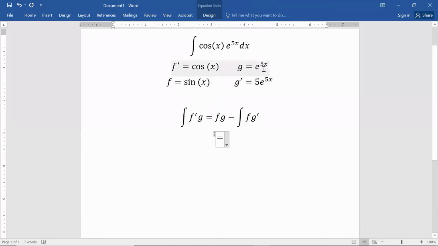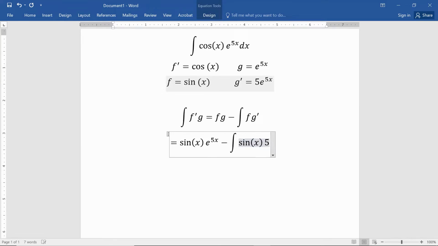Okay, f times g, that's going to be sine of x times e to the 5x minus integrate f times g prime. F is sine of x.